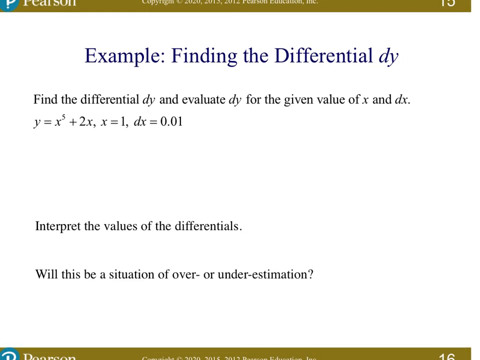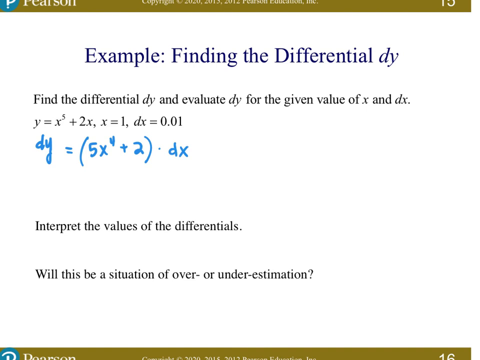So find the differential of dy here and evaluate it for the given values of x and y. All right, so dy dx is 5x to the 4th plus 2. And when we cross multiply, then we can maybe just write that as 5x to the 4th plus 2 times dx.